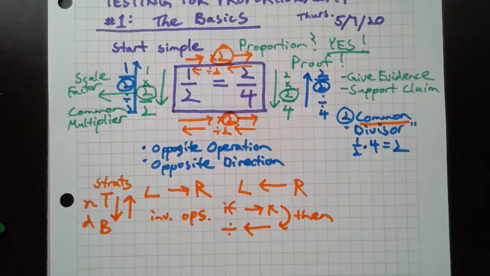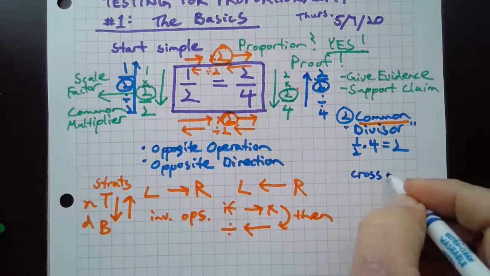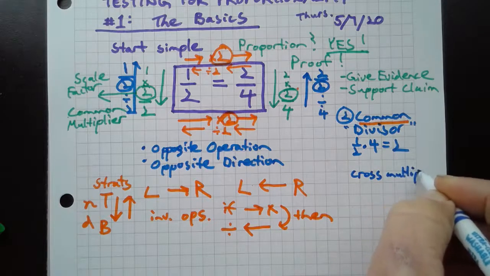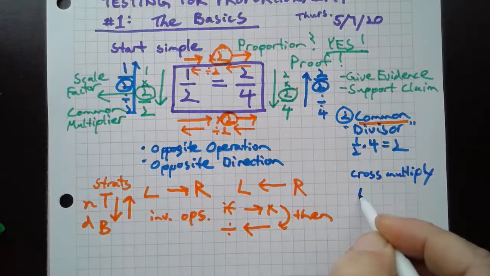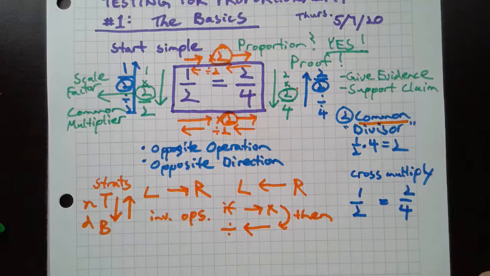Yeah, let's go ahead and do an example. Oh, another way to prove it: cross multiply. So we're going to take our 1/2 equals 2/4, which we still agree on, right?